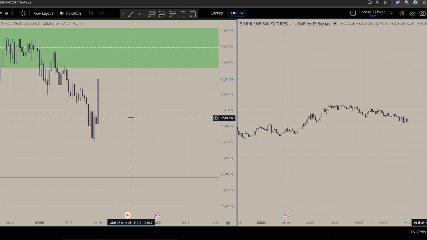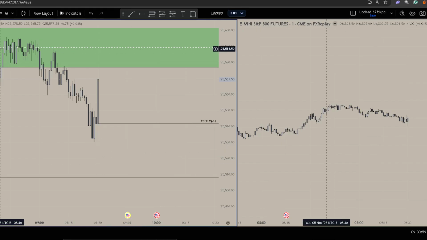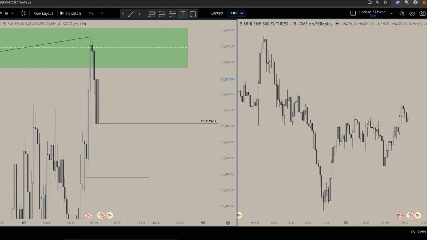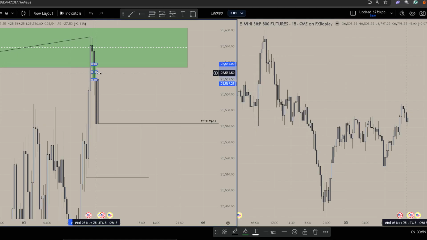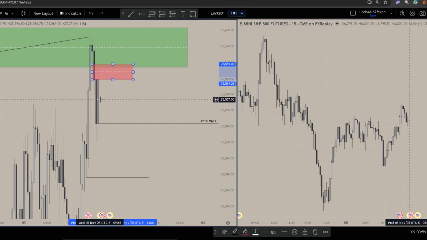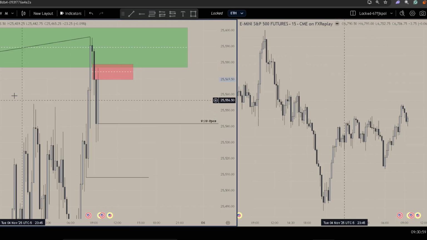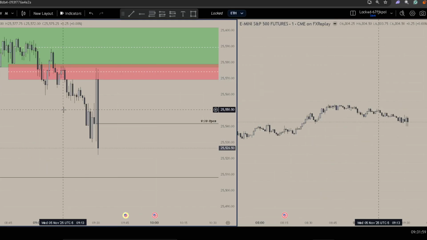Now let's see, 9:30 prints. Trade it back inside of this 15-minute SIBI. All right. Look at that reaction.